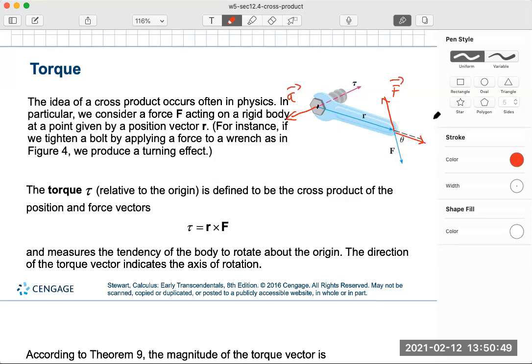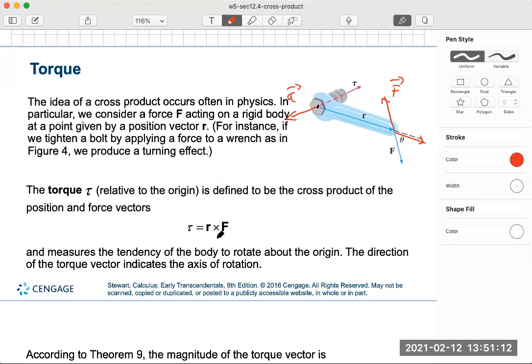The index finger is the first vector. The middle finger is the second vector. The thumb would be the result vector of this cross product. Imagine it.